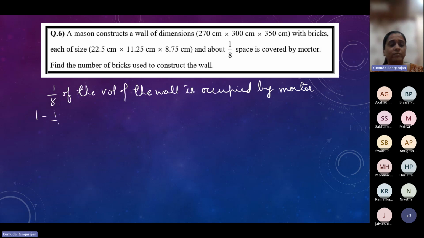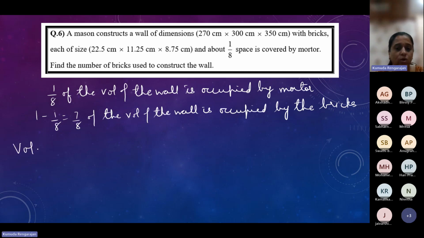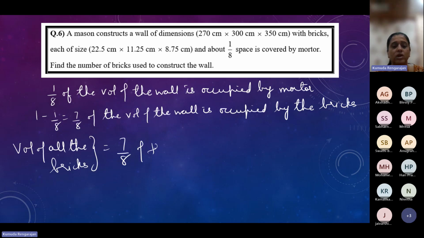So 1 minus 1/8, which is 7/8 of the volume of the wall, is occupied by the bricks, by all the bricks. So what is the volume of all the bricks? Volume of all the bricks is equal to 7/8 of the volume of the wall.